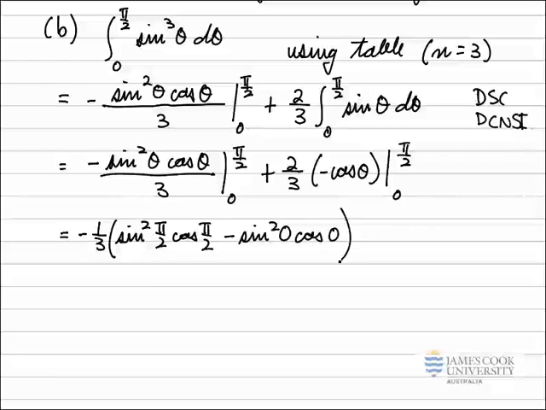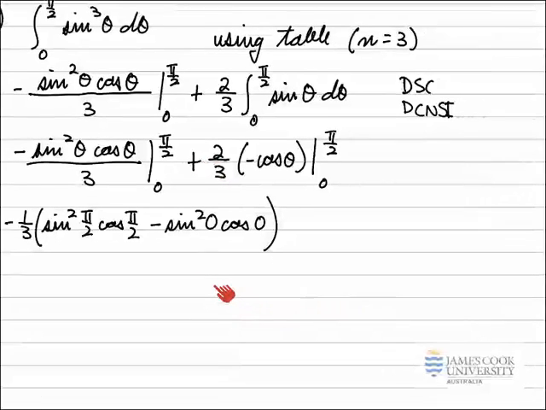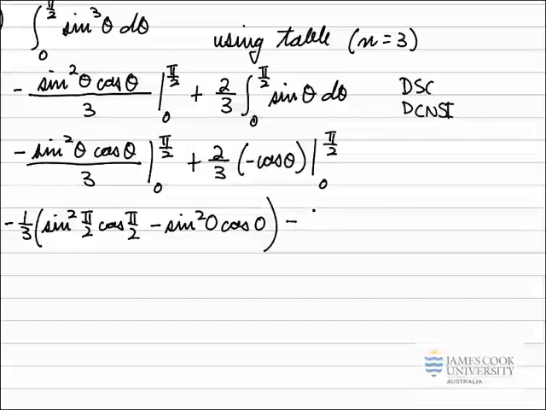There's the first term. Plus this term: now I've got a minus inside here with the cos theta as well. We can take that outside, so that becomes a negative 2/3 out the front. All I'm left with inside the brackets is cos theta. Substitute in the top limit, which gives me cos of pi on 2, minus the bottom limit, which is cos of 0.